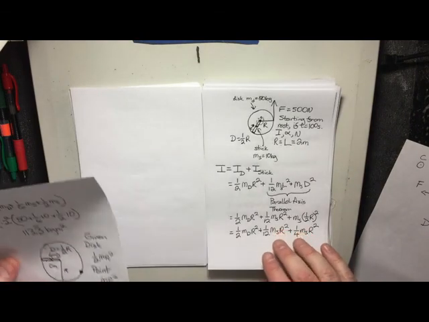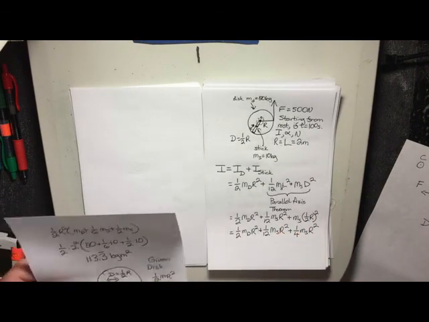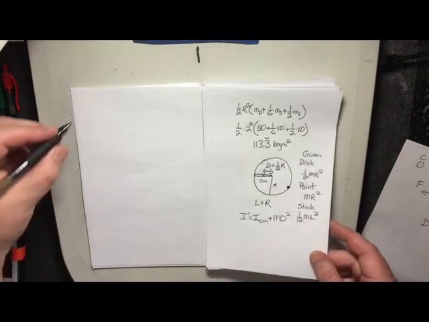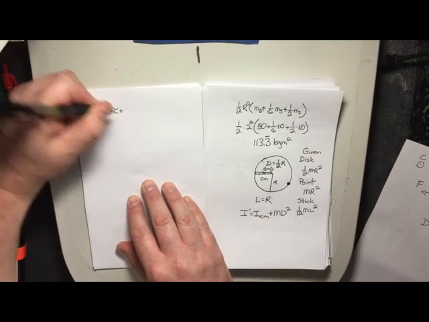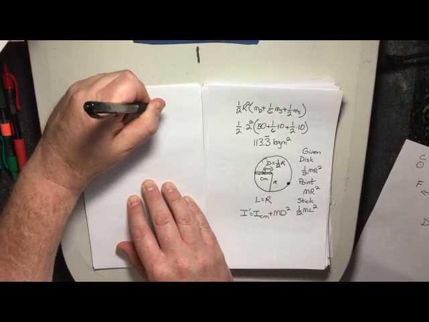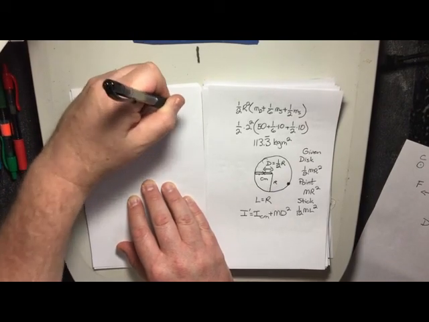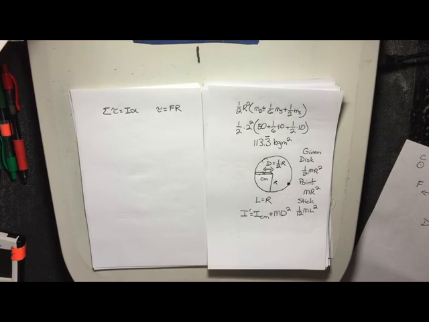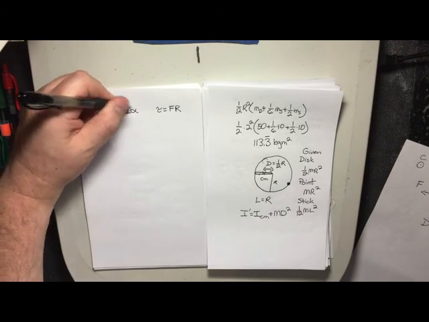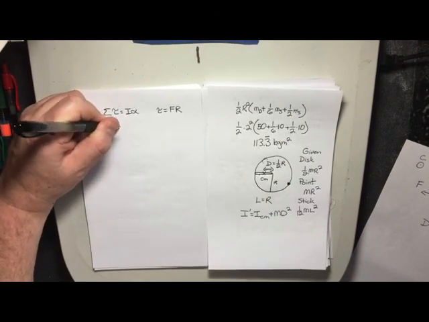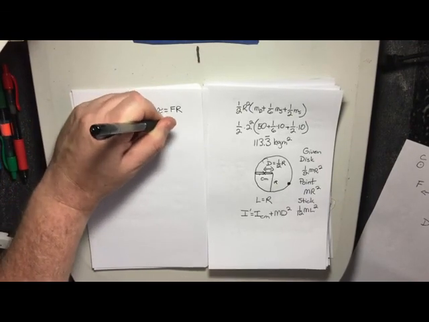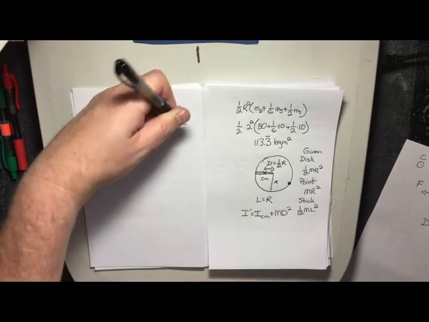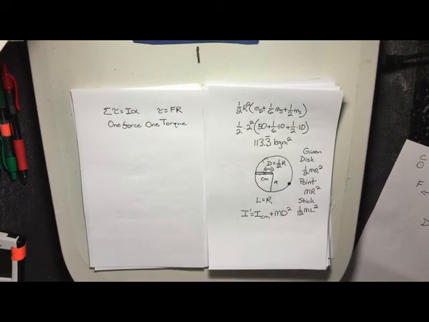Now, we've kind of distracted ourselves. What do we need to do now? With a rotation problem, the two equations are: sum of the torques is equal to I alpha, and the definition of torque is force times the radius, or distance from the force to the rotation point. If you have one force, you only have one torque.